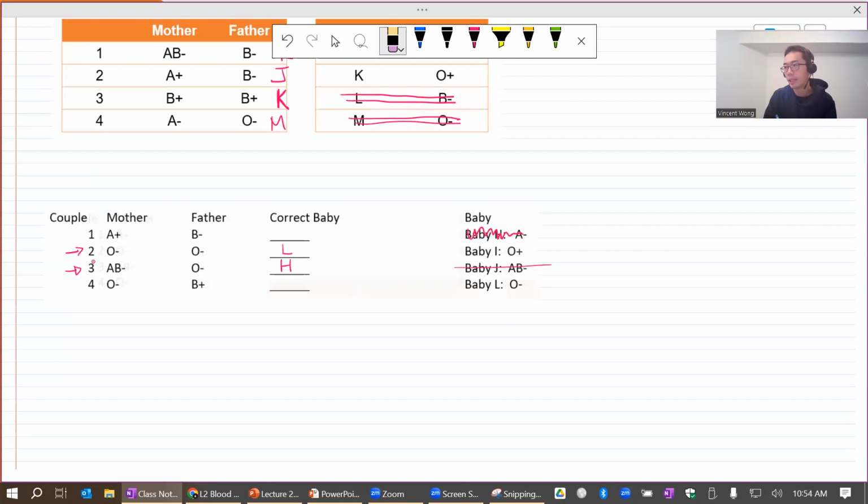That's why they're going to be baby L. So baby L is gone. And then over here, number 4, the mother is O, so AB is not their baby. This is I. And then finally is J at the top.